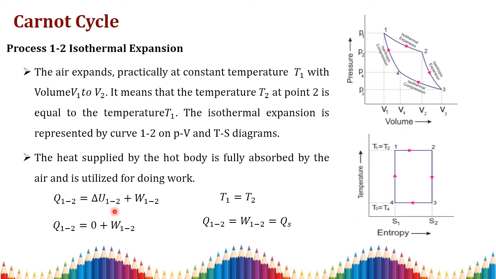So delta U is 0 for the isothermal process, and we can write Q of 1 to 2 is equal to W of 1 to 2.